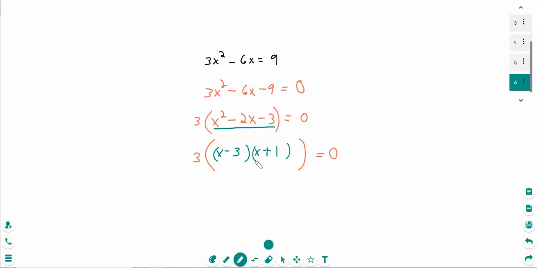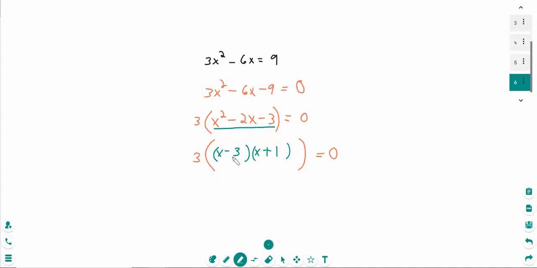And now what can we do? Well, notice that this 3 on the outside really doesn't do much for us, if anything. Because, and again, this is very critical here, this is something to be absolutely sure that you're aware of. Notice there is all multiplication here.